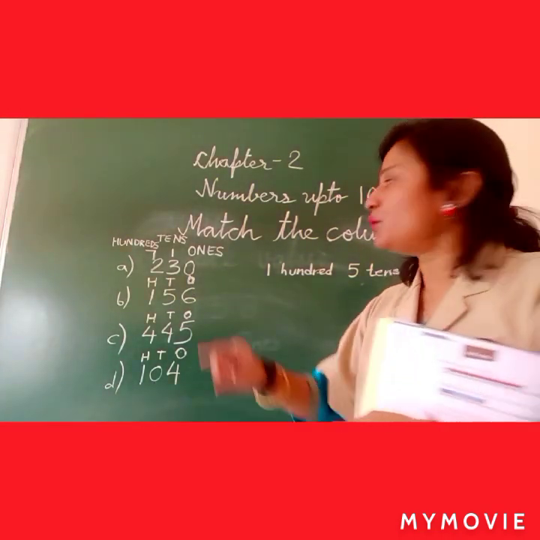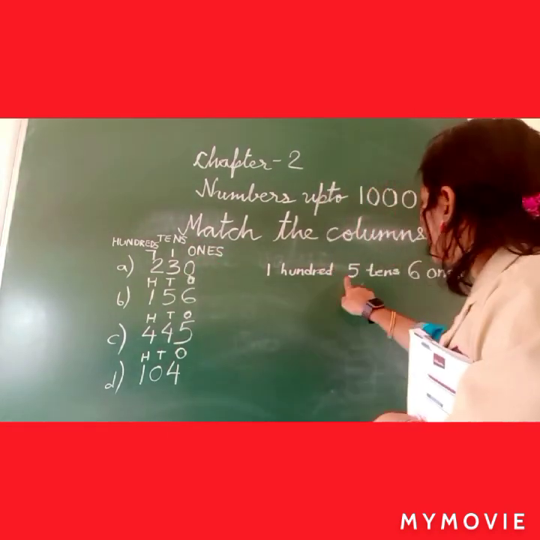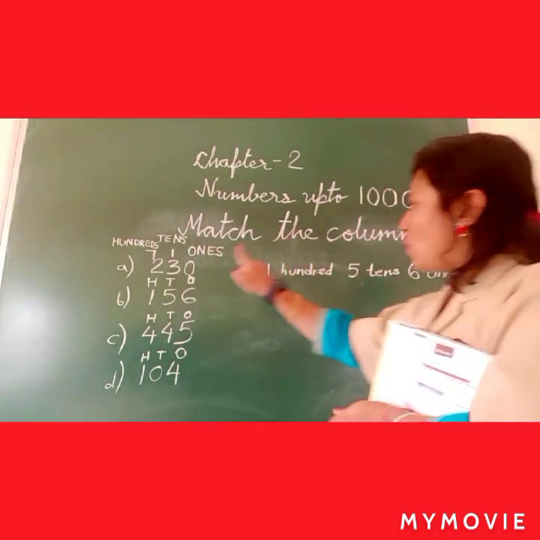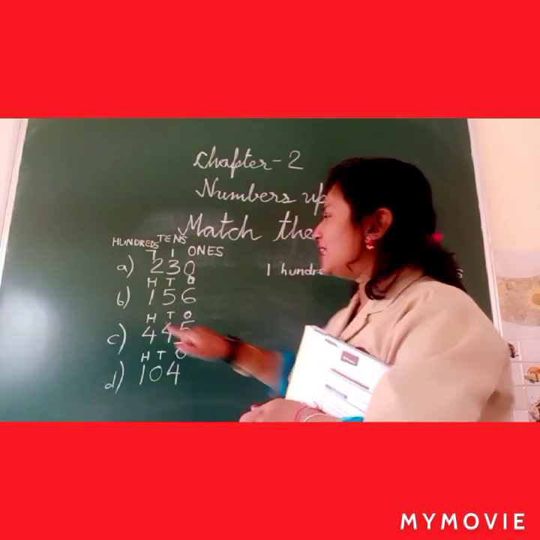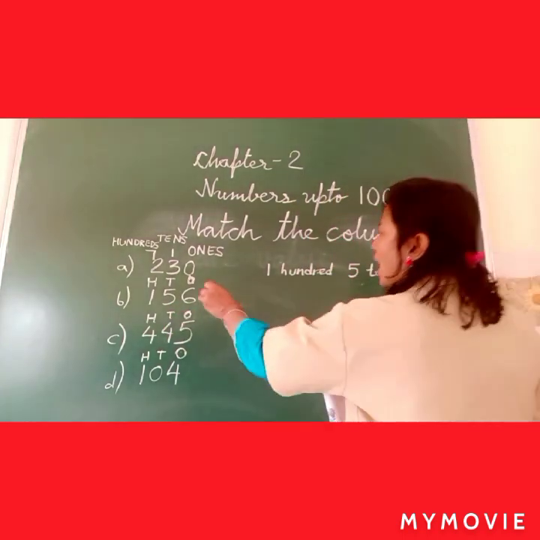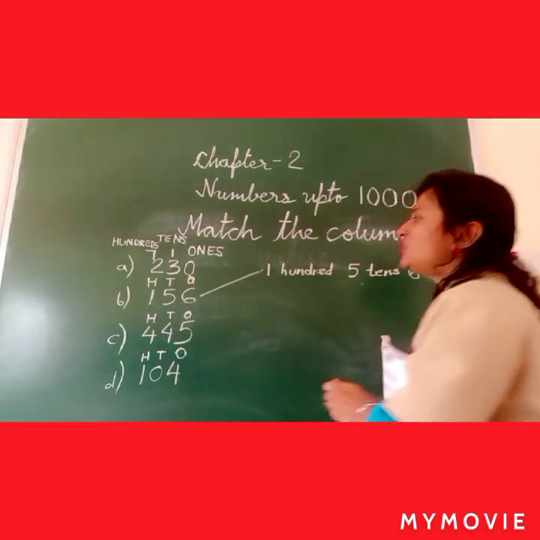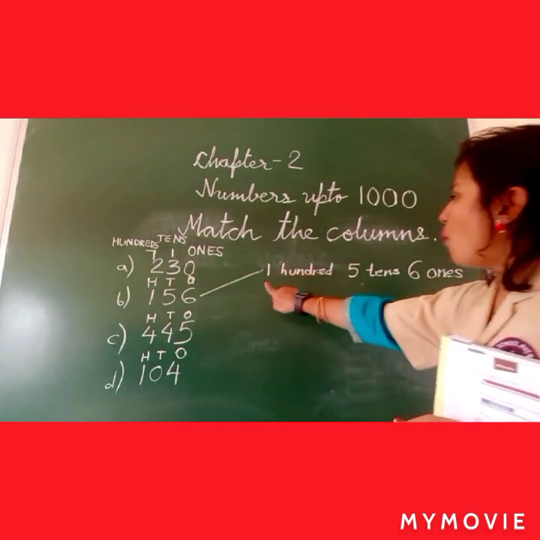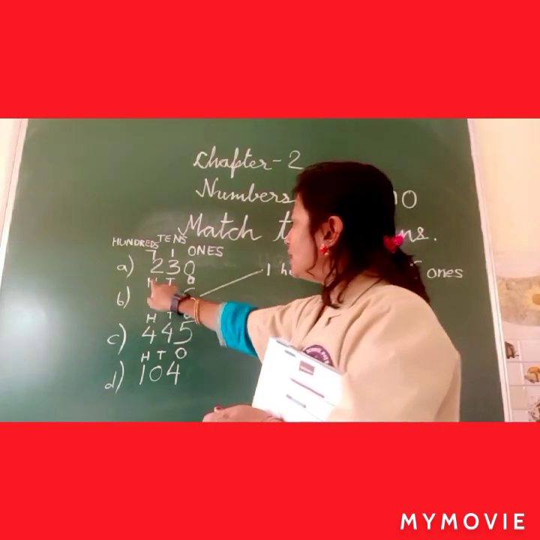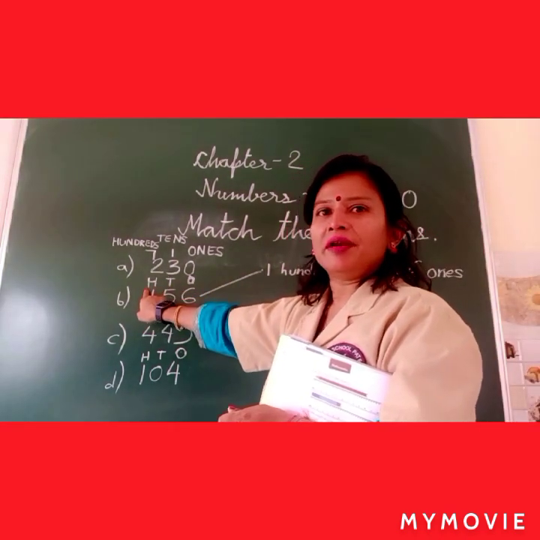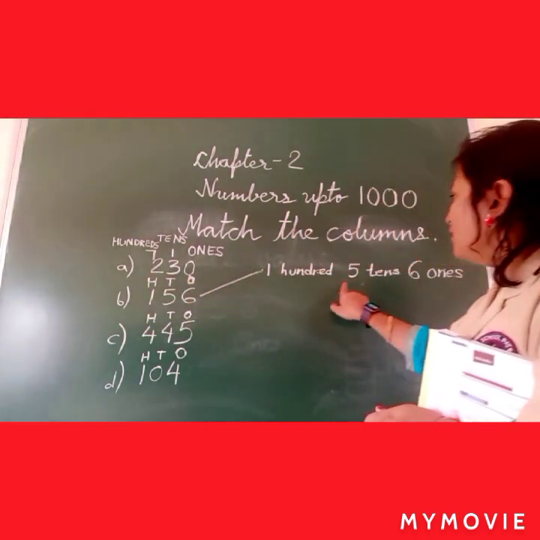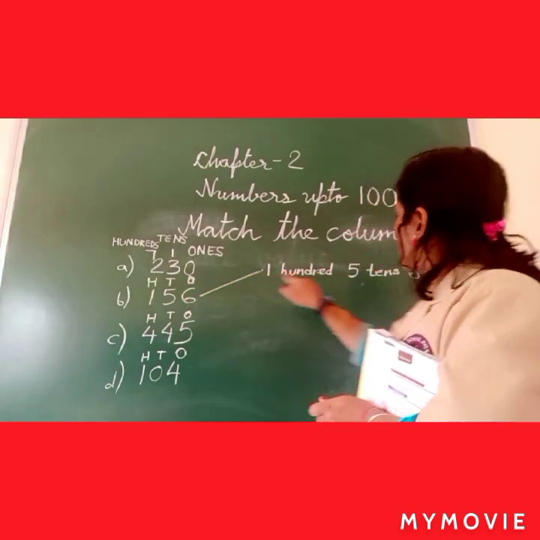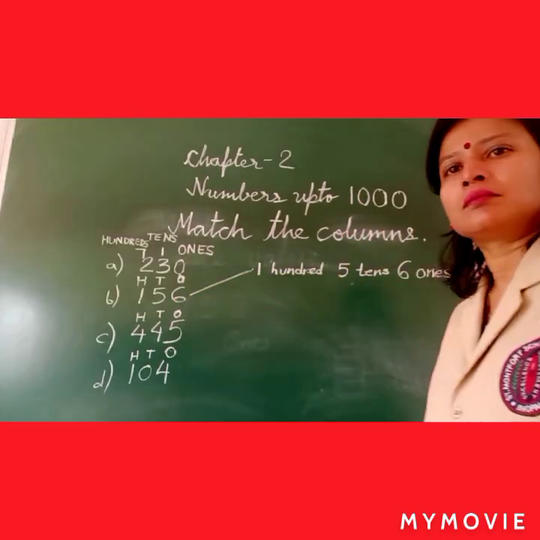Let me find out where is this number 156. Yes, I got it in the second one. So I will match B with the answer, that is 100. As we know, 1 is having place value of 100, and then 5 tens and 6 ones.